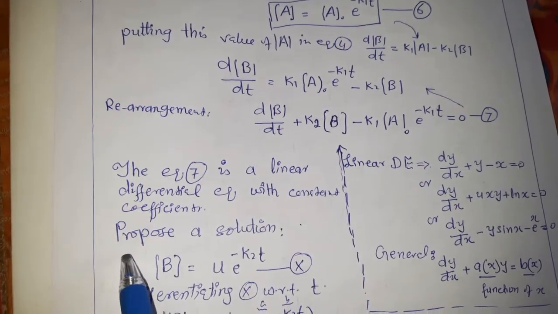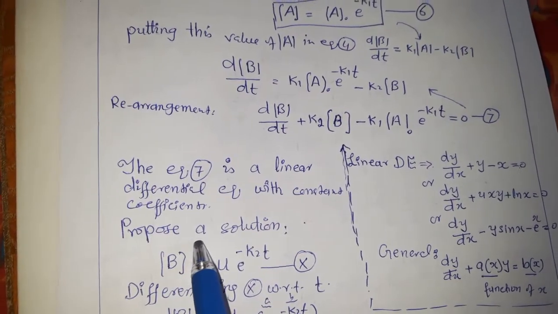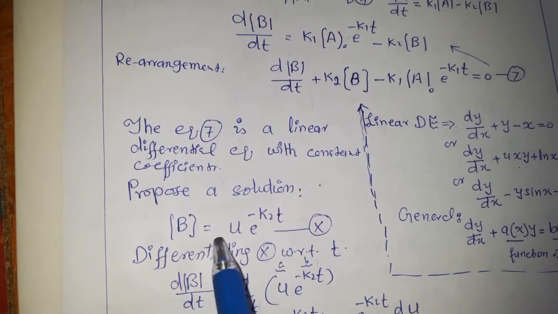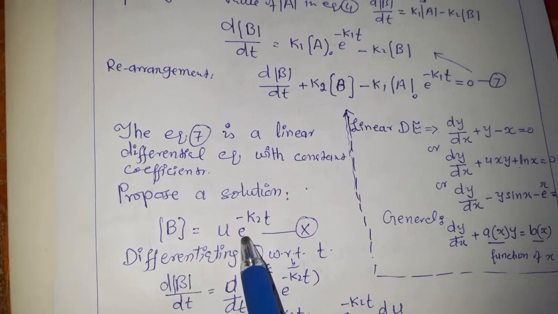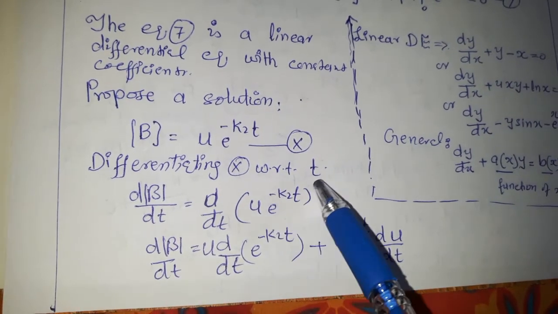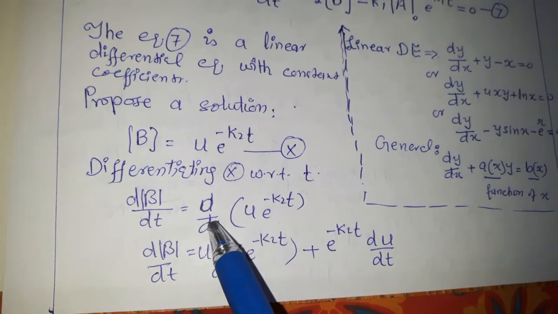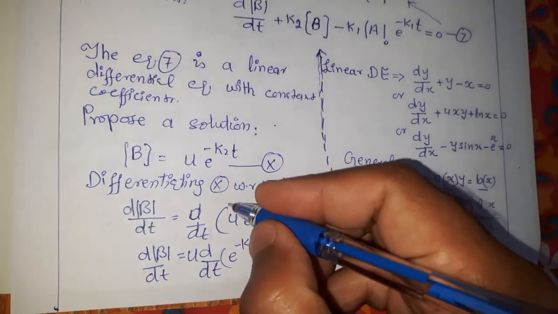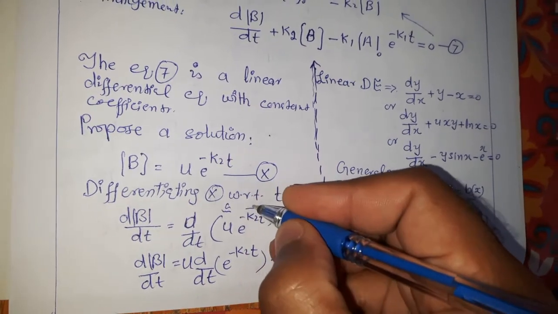For this kind of linear differential equation, we suppose a solution, that is b. We put the value of b equal to e raised to minus k2t, and differentiate with respect to t. Differentiating, we can consider this one as a and this as b.